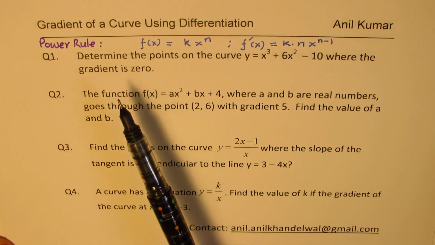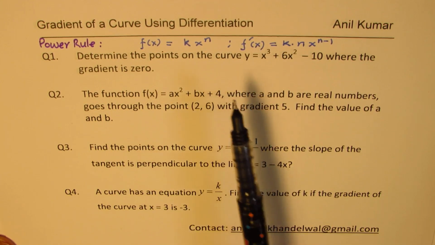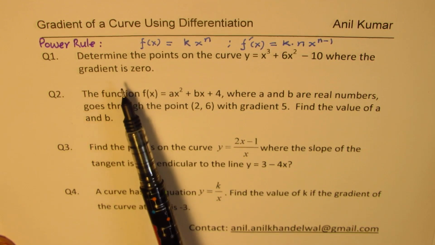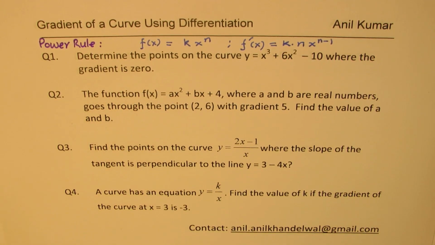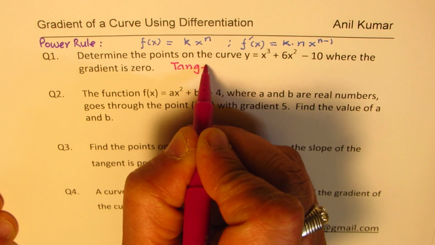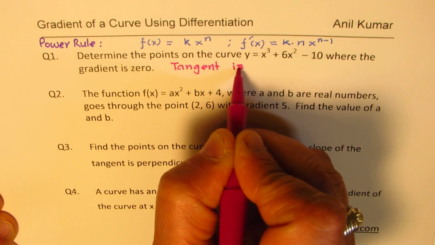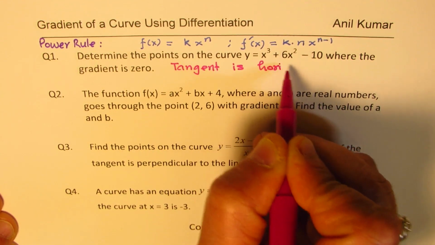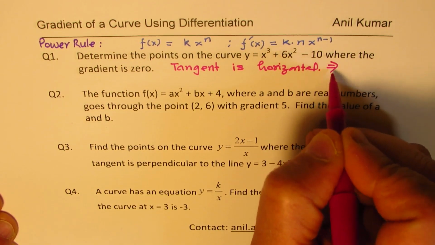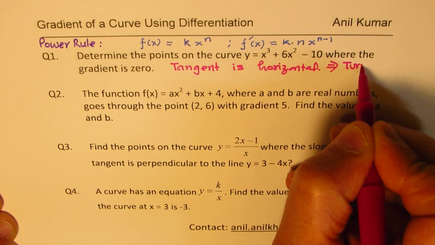Question number 1. Determine the points on the curve y equals x cubed plus 6x squared minus 10 where the gradient is 0. Now when we say gradient is 0, it means the tangent is horizontal, right? So that is interpreted as a turning point, right?